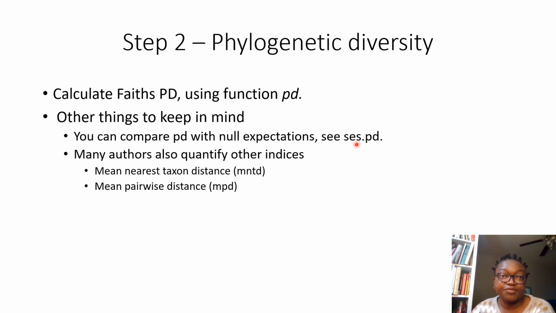Download the PDF description of the picante package, or the APE package, I can't remember now. Anyway, you download that and you go through the tutorial, the PDF of the package, and it will provide you with codes at the end of each of those.